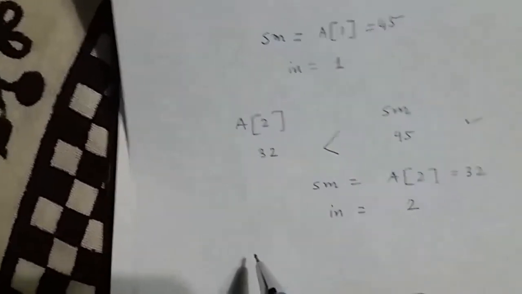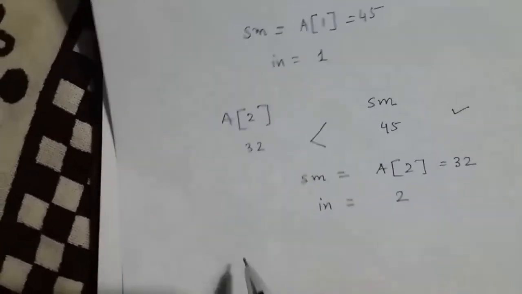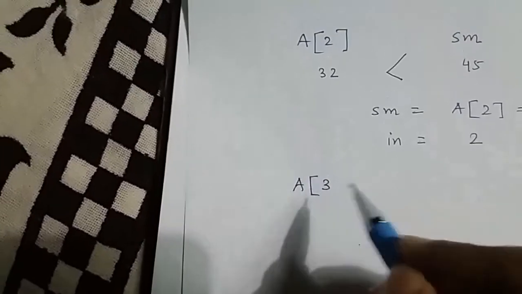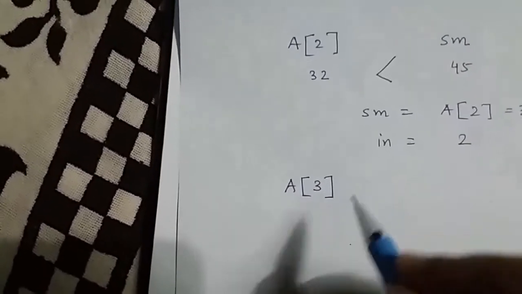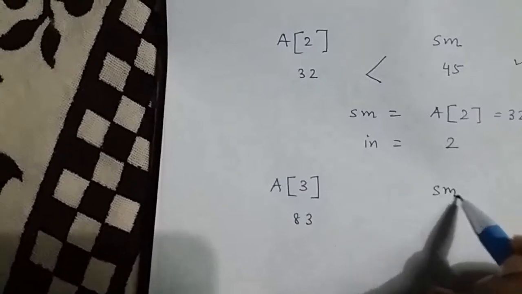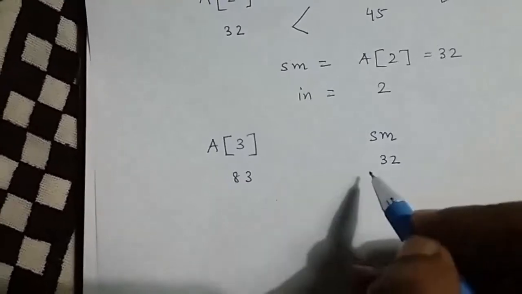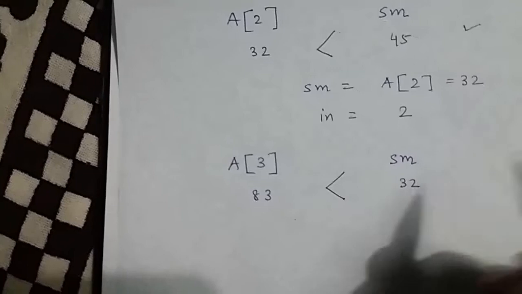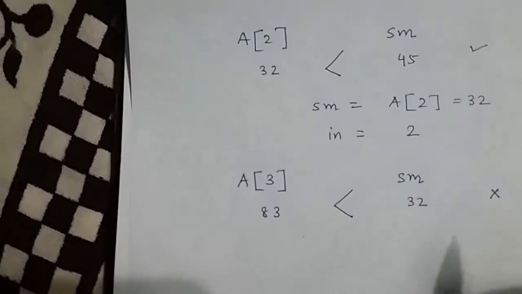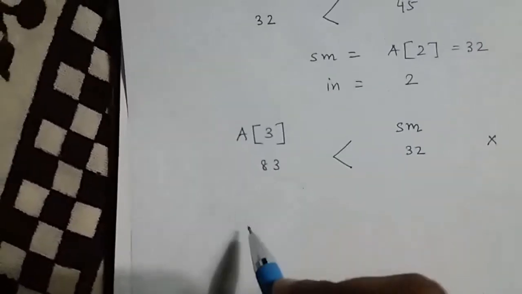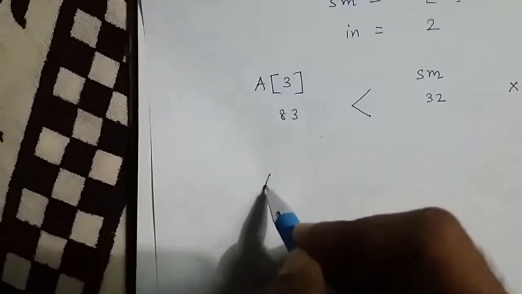So the next element will come, which is A of 3. A of 3 means 83, and SM is now 32. So the relation between 83 and 32: 83 is less than 32, obviously not, so the value of SM will remain unchanged. So now the next element will come, that is A of 4.